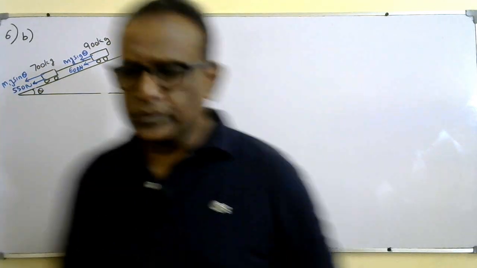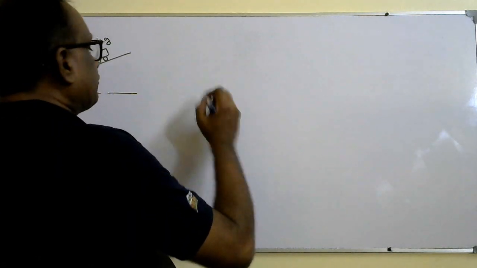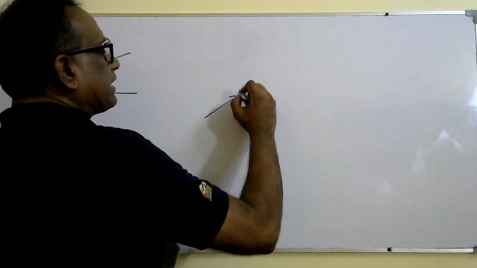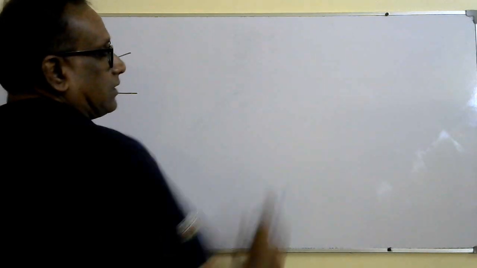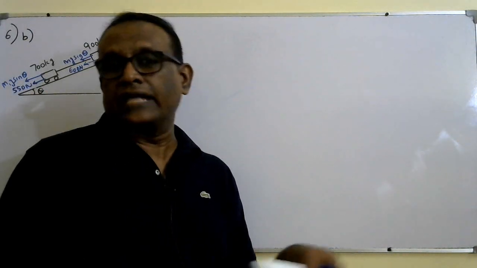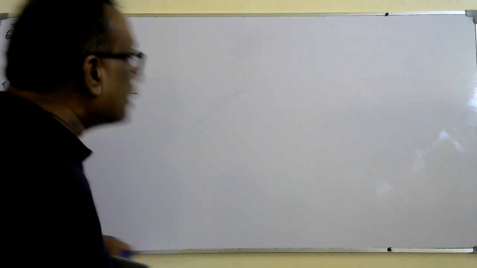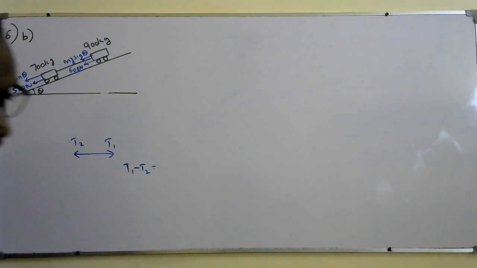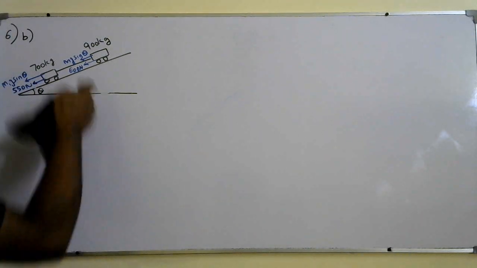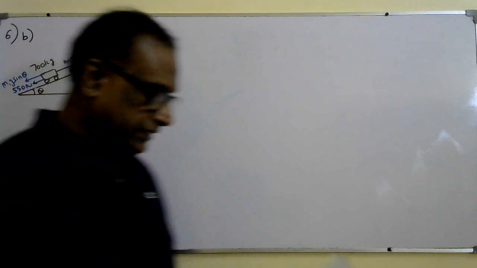So why, you might ask, if I consider the tension, the mass becomes 0, so the acceleration is 0. There will be tension, but the tension will be the same at all points. That's the reason.